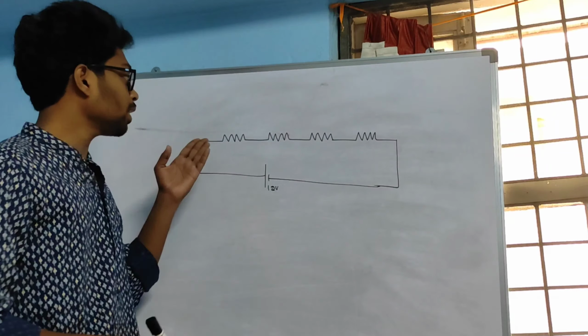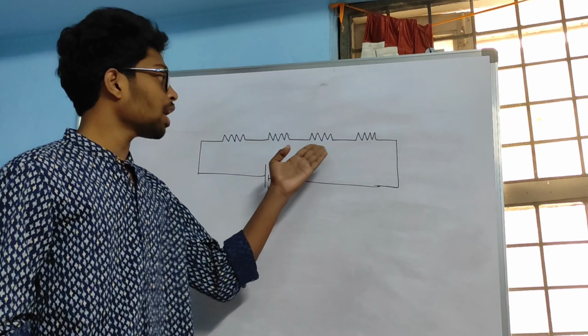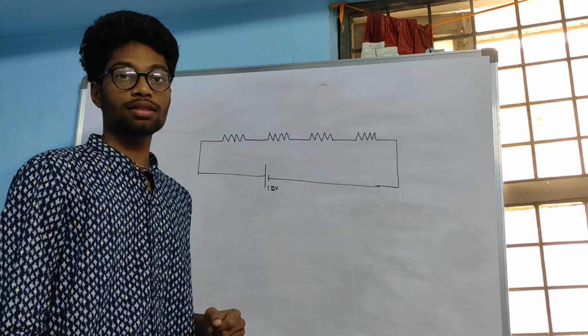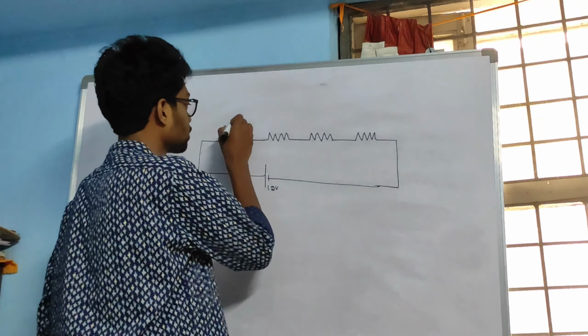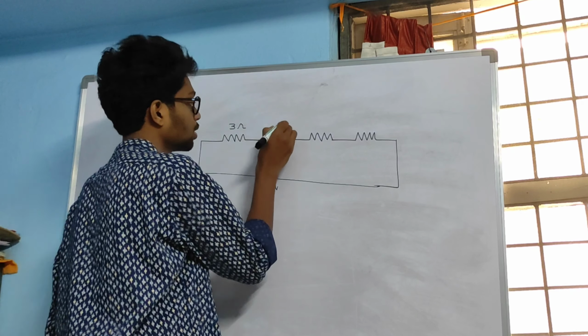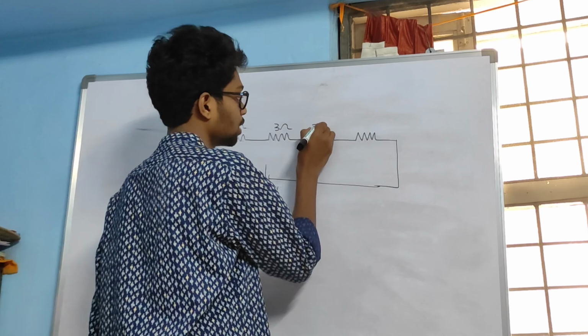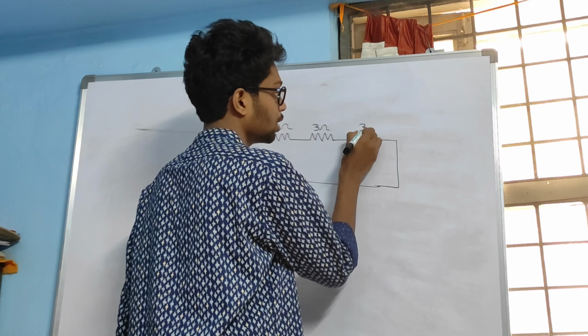Here each resistance is having equal resistance of 3 ohms. So, this is 3 ohms and this is 3 ohms resistance and this is 3 ohms resistance and this is 3 ohms.